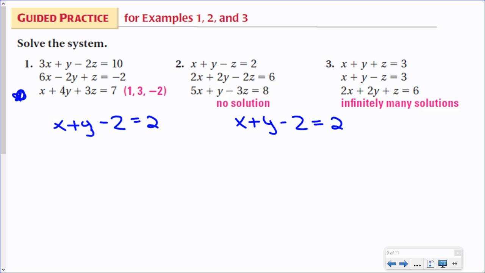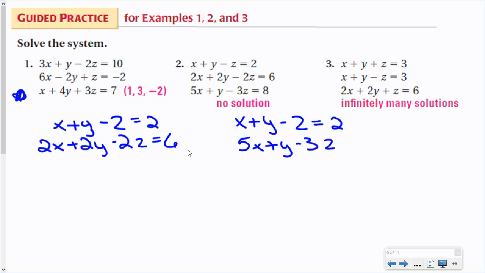Mix them up. Decide what letter you want to cancel.